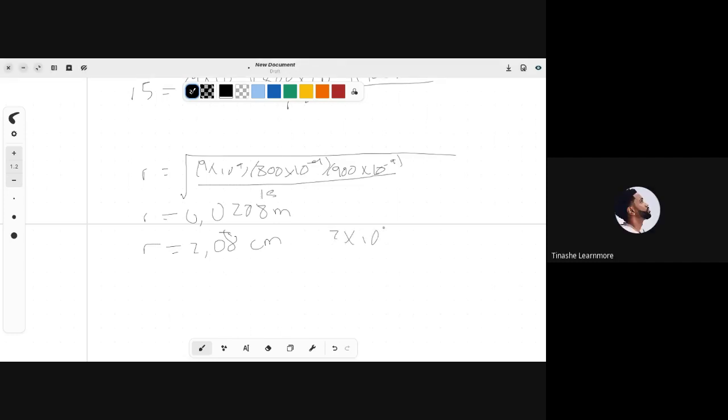But that should actually be the one in meters, not in centimeters. In meters it is 0.02. Then you're saying you got 2 times 10 to the power negative 4 in centimeters. Yes, centimeters.